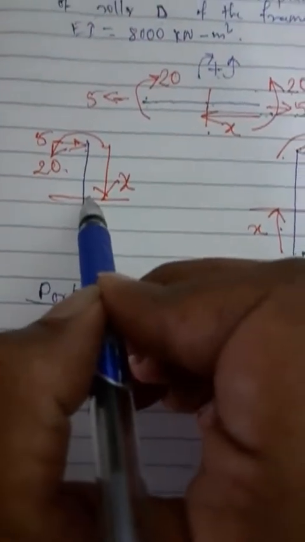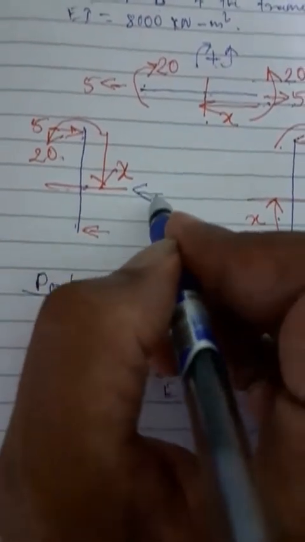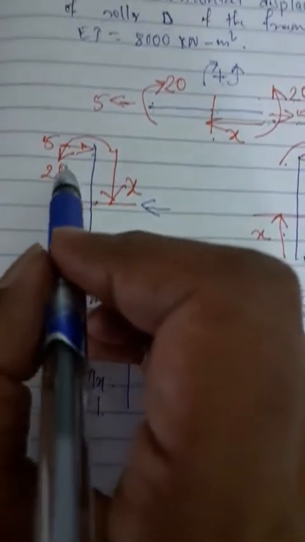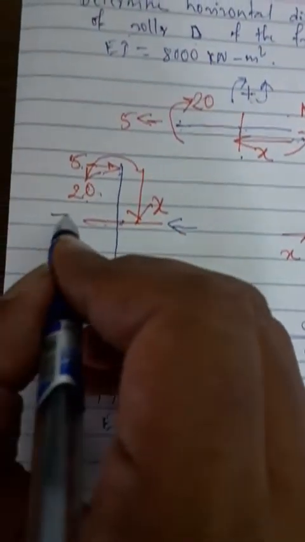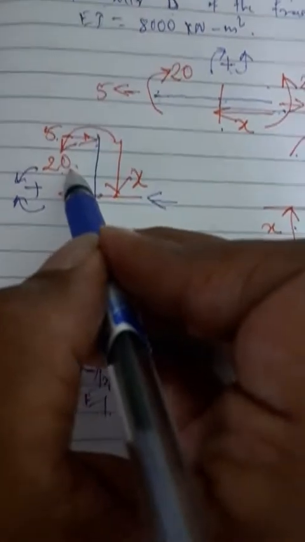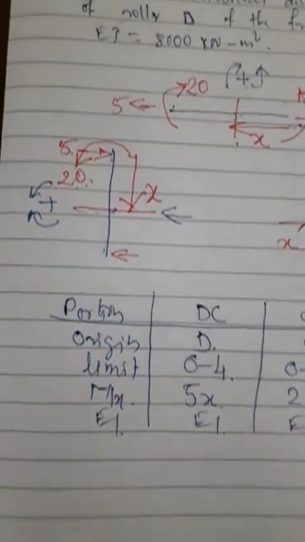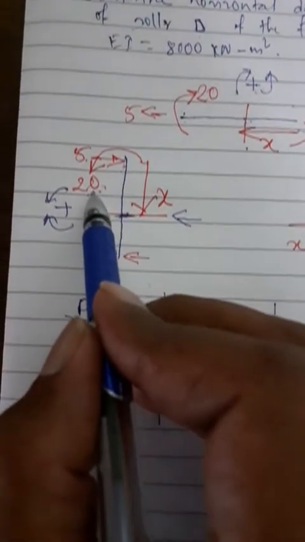Now come to BA at this section. Now if you look at this section, you have to look in this direction, inside to outside view. Two forces are there, 5 kilonewtons and 20. Again same sign convention, right hand side anti-clockwise, left hand side clockwise. 20 kilonewtons is acting anti-clockwise, so moment at this section is 20.